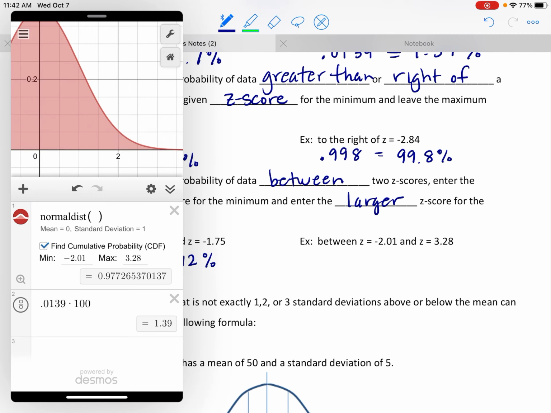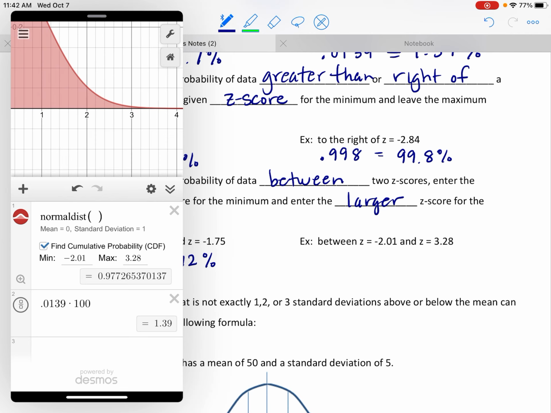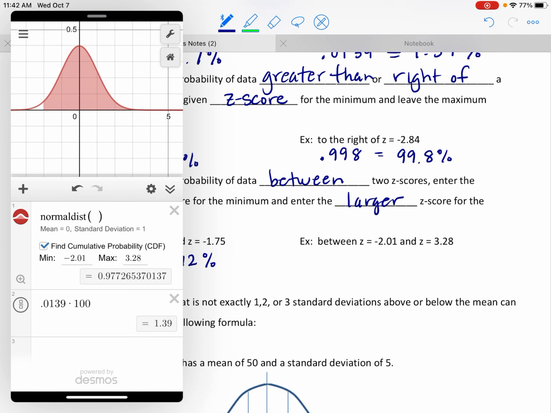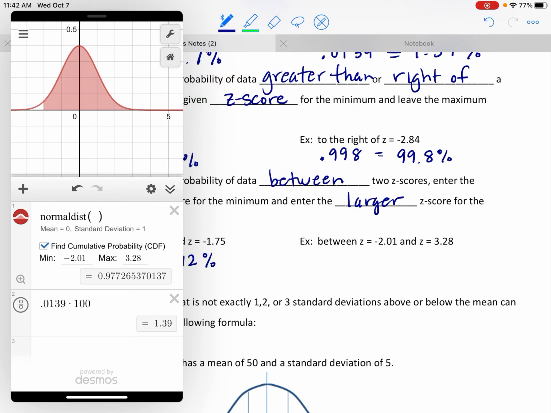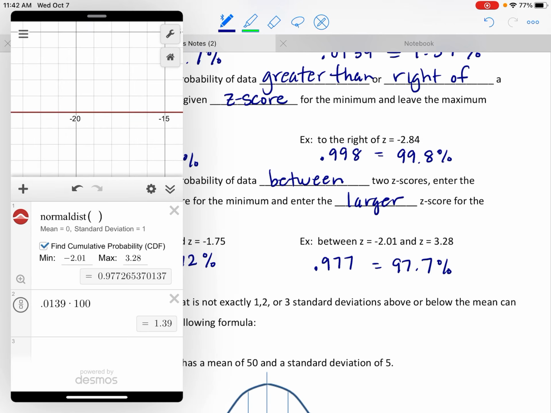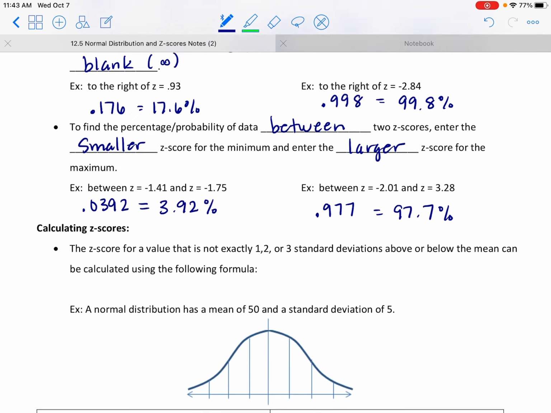And if I try to zoom in, you can barely see over there the cutoff, okay? But that's a whole large chunk of the graph that is between those two z-scores, which is why we have this decimal, 0.977, or 97.7%, which is a pretty large percentage of our data. Okay, so there's that.